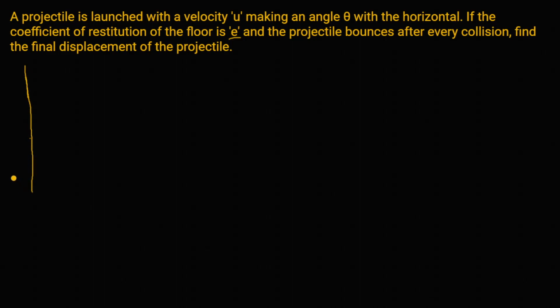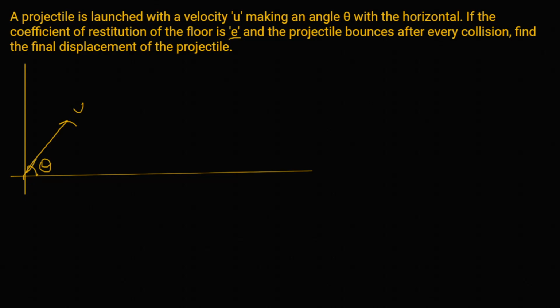Let us see. Looking at it, let's make an image of how things would look. So this is my y-axis, this is my x-axis. I launch it with a velocity u like this at an angle theta.